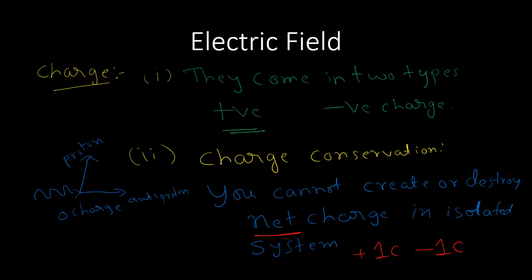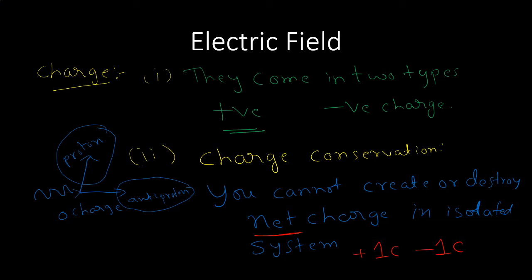Therefore, charge is conserved, net charge is conserved. Proton has plus charge, antiproton has equal negative charge. Earlier also zero charge was there. But if you see just individual, you have created positive charge and you have created negative charge also.